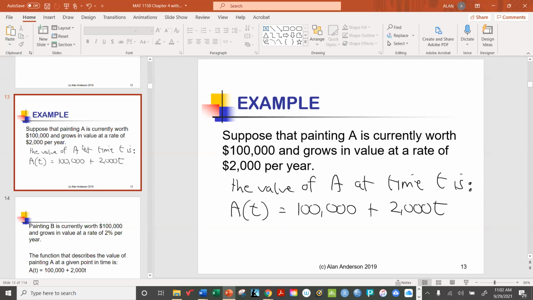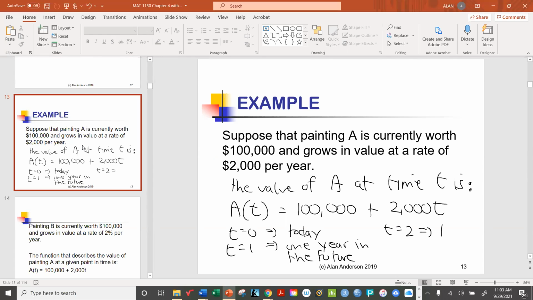Now I just want to point out t equals 0 means today. T equals 1 means 1 year in the future. So of course that means that t equals 2 means 2 years in the future. So that's how we interpret these t's.